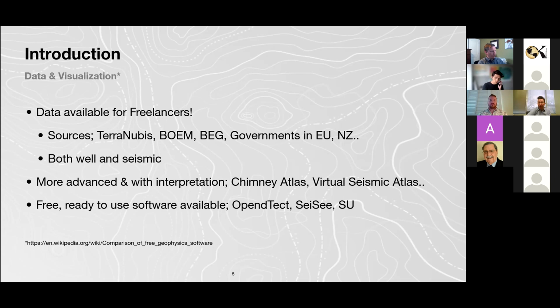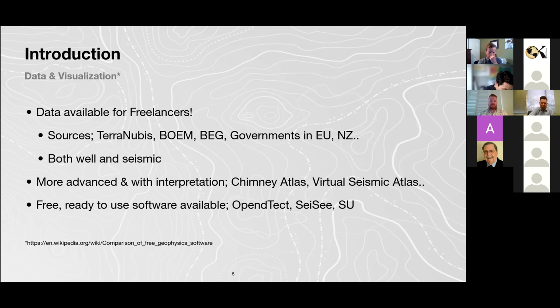It is a platform, like a marketplace, for selling or just sharing seismic data or well data. Governments in Europe and in New Zealand, particularly as of late, released data sets that you can acquire for free or for a small charge. I think for the New Zealand data sets they charge something small because they ship you a disk. There's both well data and seismic data available.